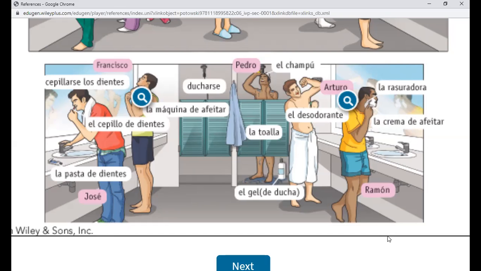Wait, we just saying answers? This is getting competitive. I love it. Anthony, you get no points. No, that's okay. Vamos, Anthony, continúa.